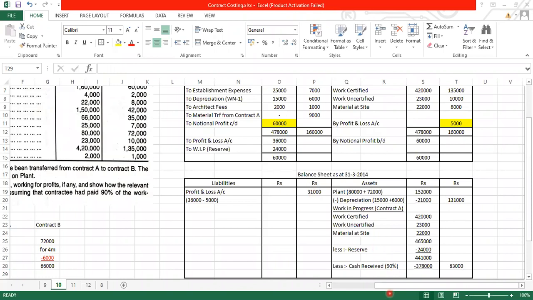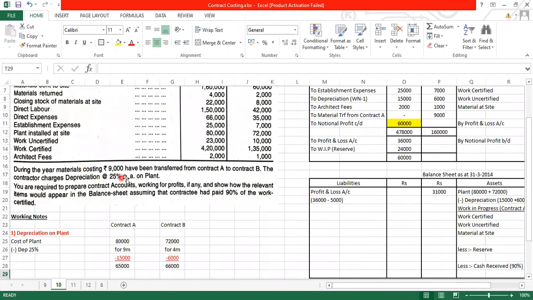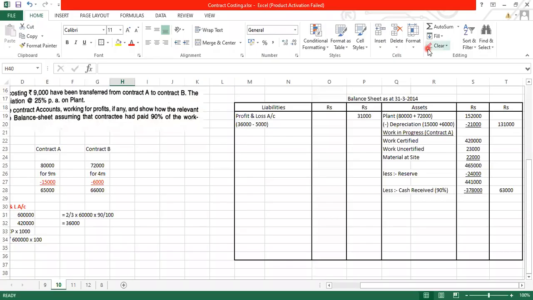ये 90% बट किसका? Because 4,20,000 का. It was been told that the contractee has paid 90% of what? Work certified. So 90% of 4,20,000. The same way we have to do it for the B as well. So work in progress. So write down, carried down.